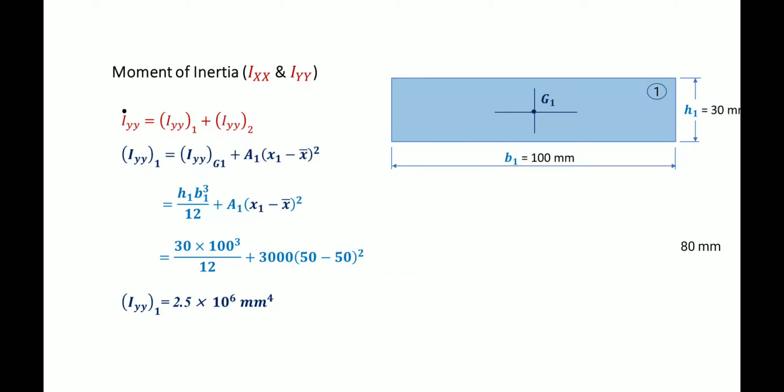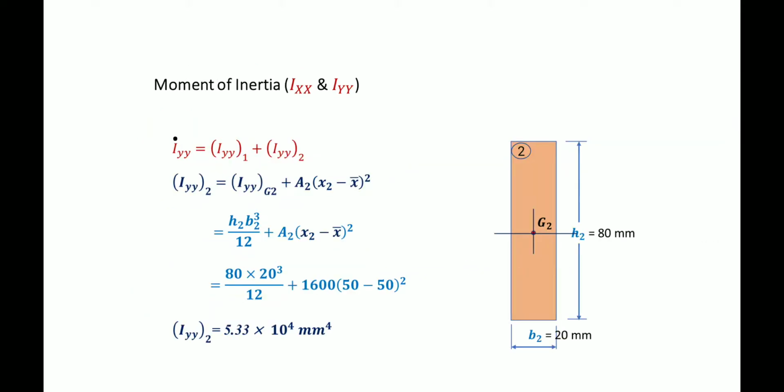Then for section 2, we need to find the moment of inertia about its axis. Here also the formula is Iyy about its own center G2 plus A2 into x2 minus x bar the whole square. So here h into b cube, h is 80 into base 20 cube by 12 plus A2 into x2 minus x bar the whole square. We substitute it and we will get Iyy2.